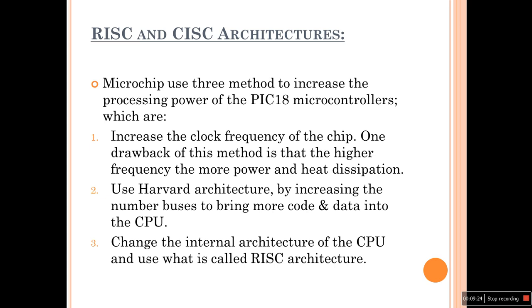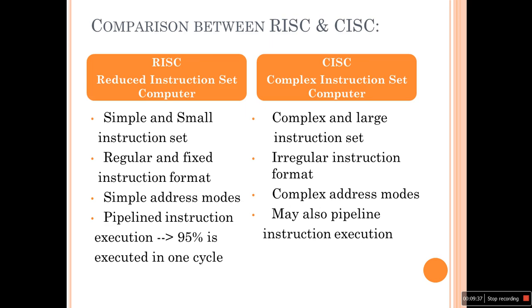If we talk about the programming model, we have RISC and CISC. RISC is reduced instruction set, and CISC is complex instruction set for the microprocessor. If you compare the two, RISC has a simple and small instruction set, requires fixed instruction format, simple address modes, pipelined instruction execution, and more than 95% of instructions are executed in one clock cycle.